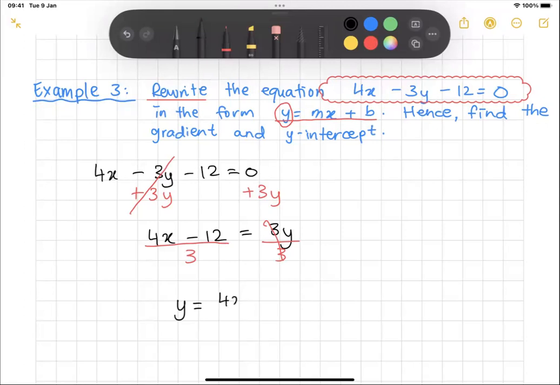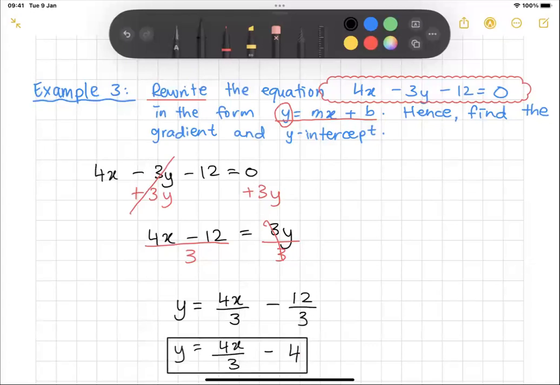I'm going to rewrite this on the left-hand side like so. It'll be 4x over 3 minus 12 over 3. I can simplify this 12 over 3 to be 4. So my equation is y equals 4x over 3 minus 4.